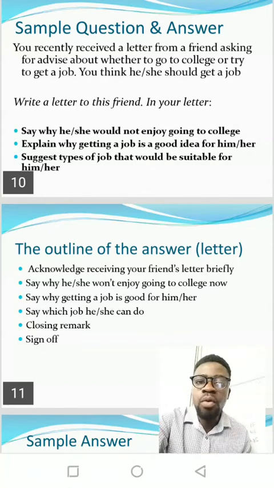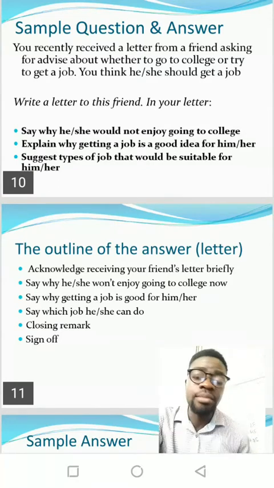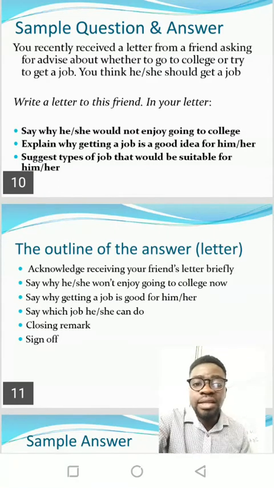Now, the sample question here says, you recently received a letter from a friend asking for advice about whether to go to college or try to get a job. You think he or she should get a job. Write a letter to this friend.